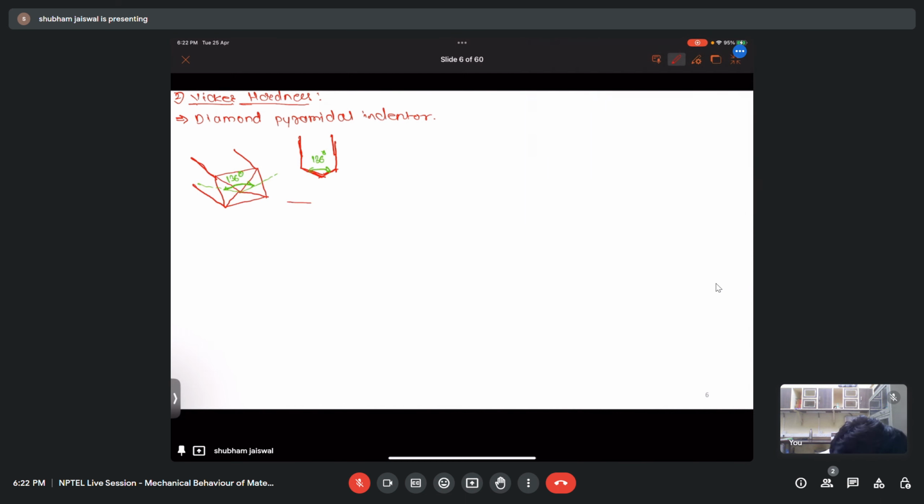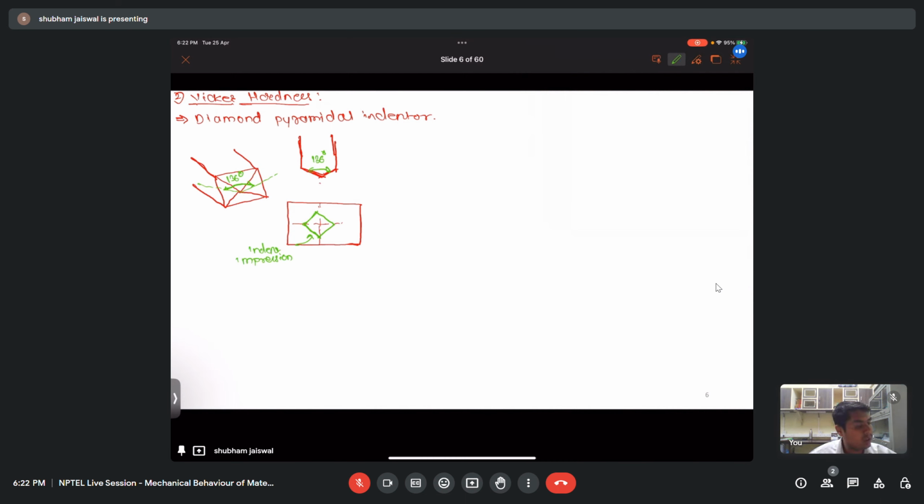Okay, the shape of the indent, I will draw it in green. Let's say this is my indent impression.